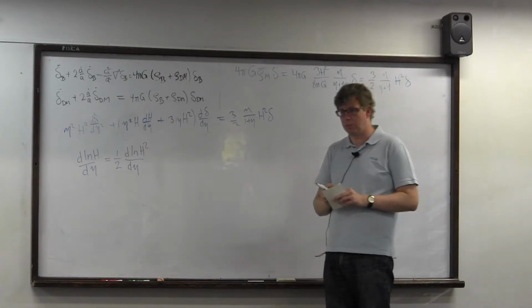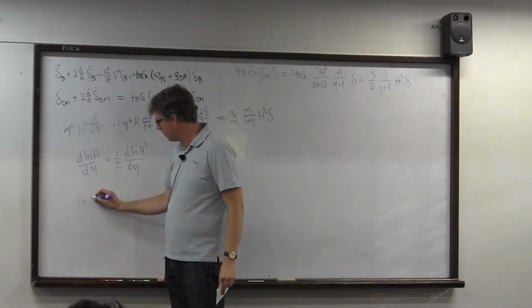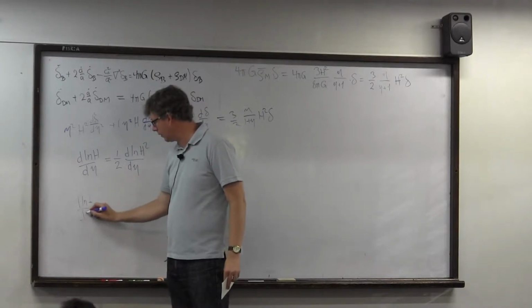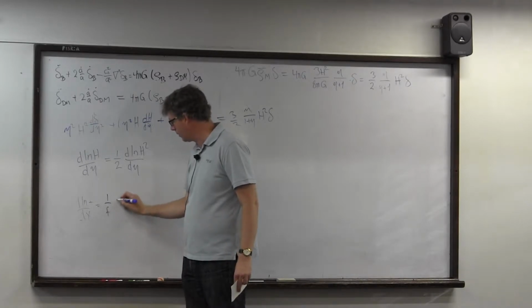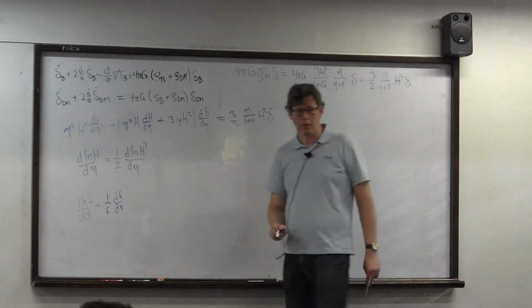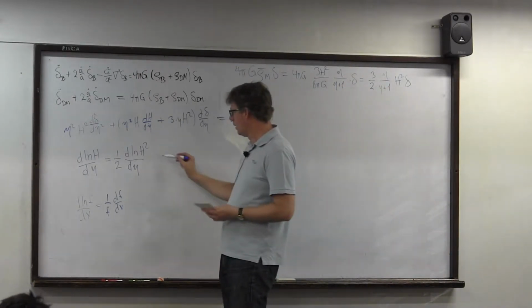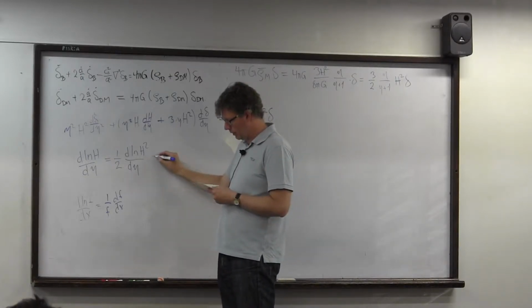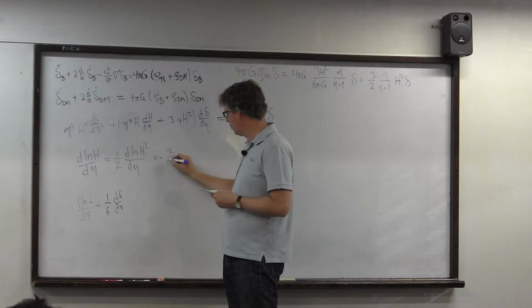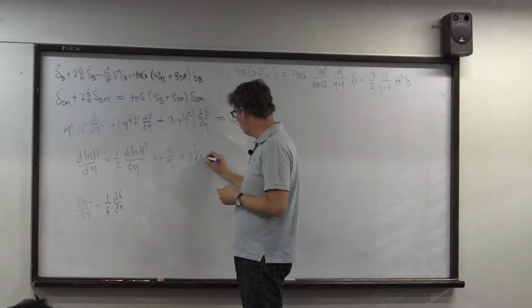You've probably seen many times before that you can write d ln f/dx as 1/f df/dx. So it's just a trick to go backwards to do that. And this we know because we had an expression for what H² was. And this is -2 η plus 1/2 (1 plus η).